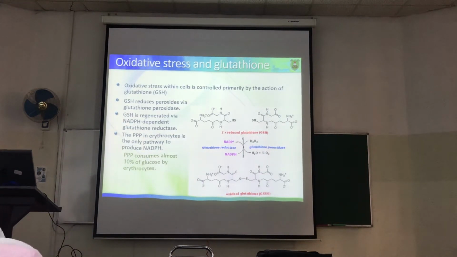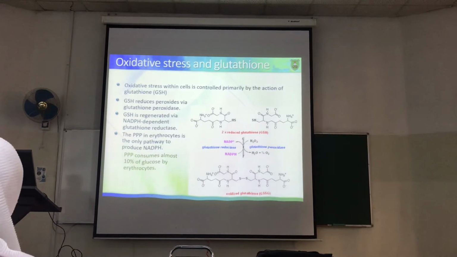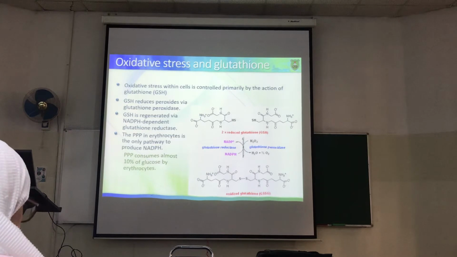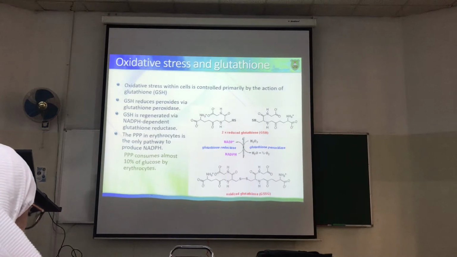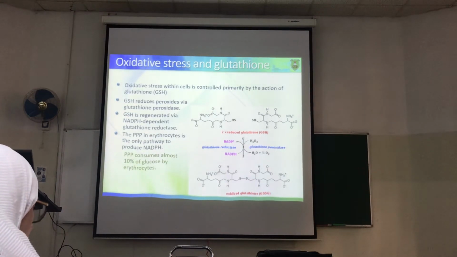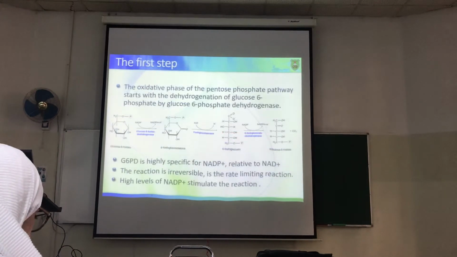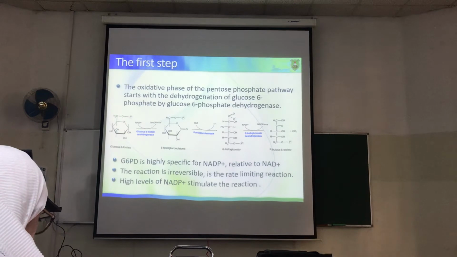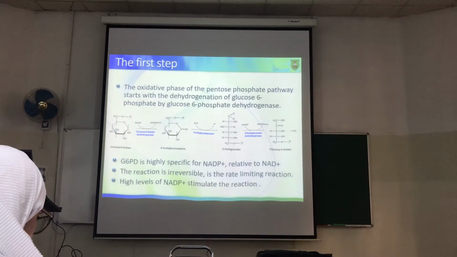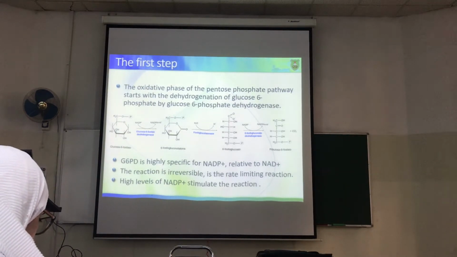And this is the only mechanism by which red blood cells can protect themselves from free radicals. That is glutathione. So you can imagine if you have deficiency of this enzyme, the glucose 6-phosphate dehydrogenase, this very first enzyme, it means that there will be no NADPH, no way by which red blood cells can protect themselves from these molecules.